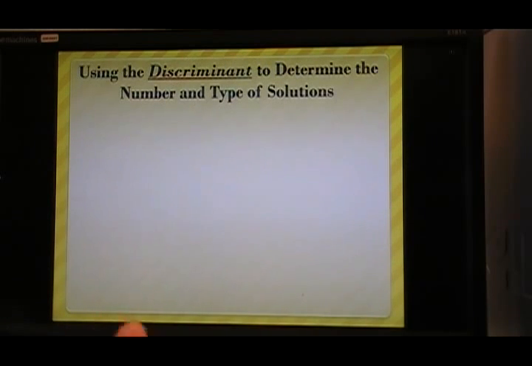So I've been talking a little bit about the discriminant, but it's nice, in theory and in application, to look at what the value of the discriminant is going to be and get a feel for the number and the type of solutions that you should be expecting. So again, when you're dealing with the quadratic formula, the discriminant is that part, b squared minus 4ac.